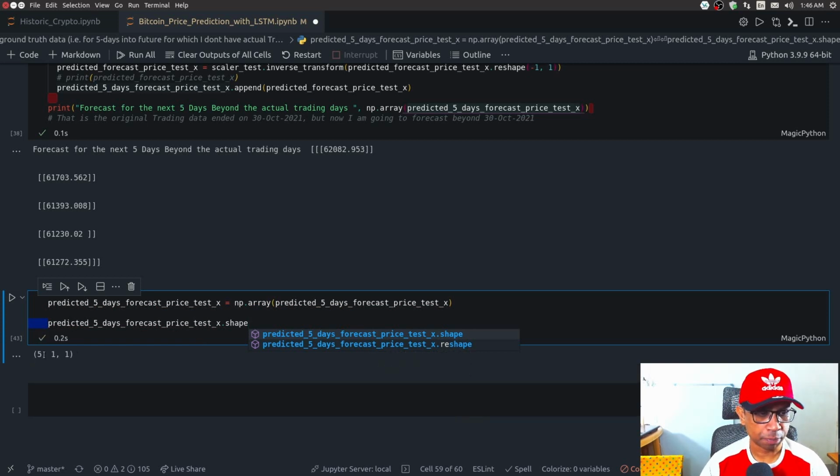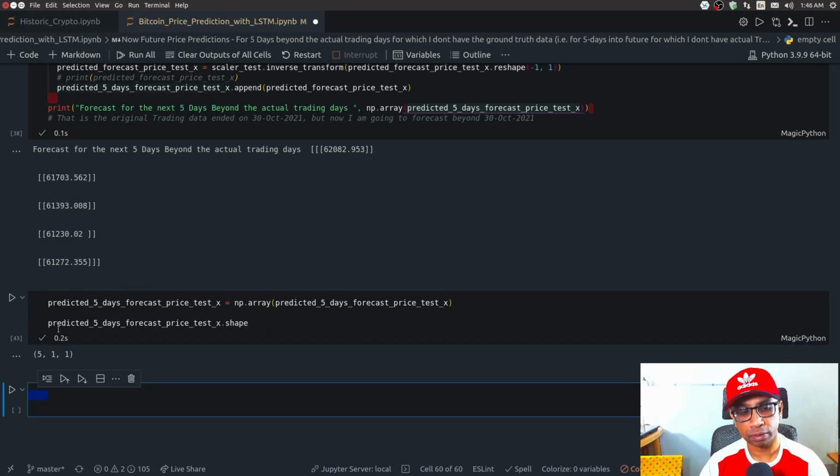Yeah, so as expected, this is a 5 by 1 by 1 data matrix, and remember, this is just for the future 5 days of forecast period, but we also have the entire previous days of a predicted price data of Bitcoin, that is for the entire ground truth period from 2015 till 2021.